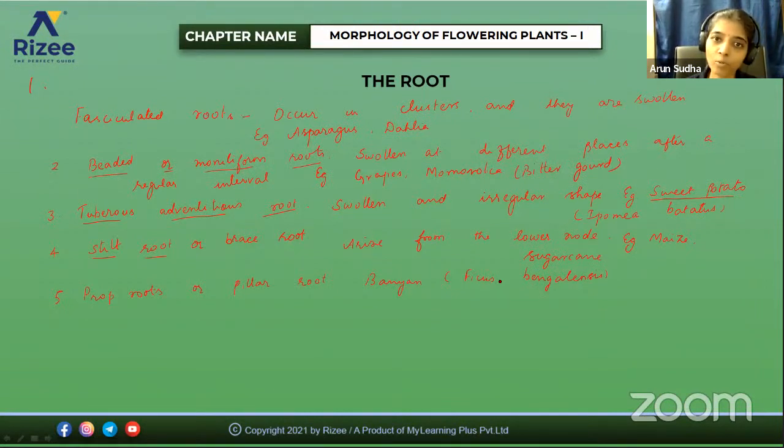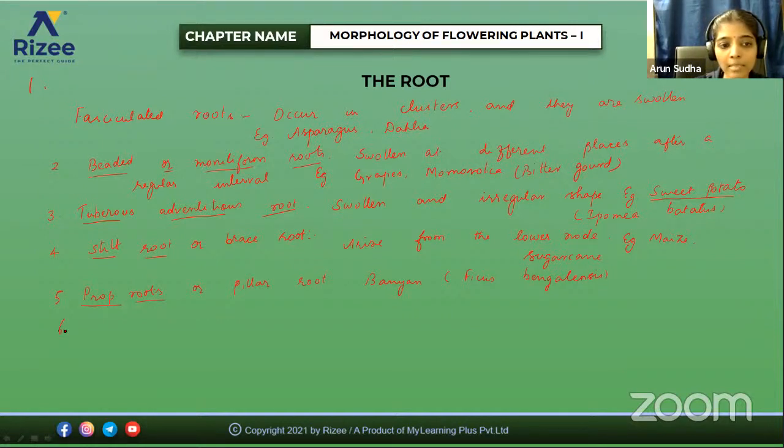Usually we saw that the roots grow downwards and arise from the radicle. But here the roots are arising from the branches of the tree, and then they grow downwards towards the soil. These types of roots are also for support. They are supporting roots. These prop roots are large roots, but the stilt root or brace root also gives support to the plant, but they are shorter. So these are supporting roots: prop roots and stilt roots.